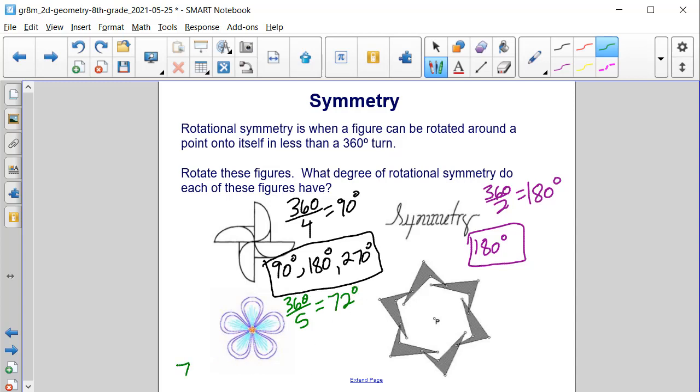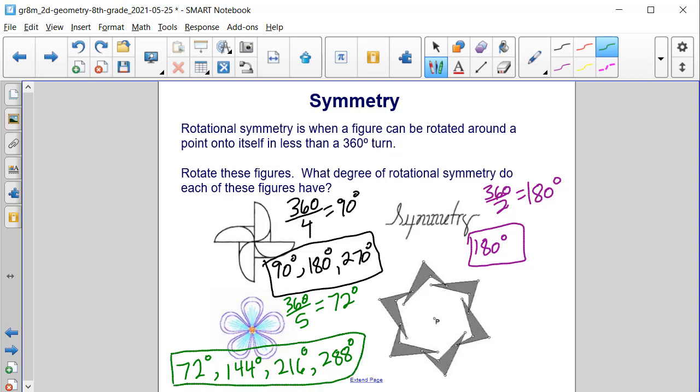So every 72 degrees, that'll happen at 72, 144 degrees, 216 degrees, and 288 degrees. If you add 72 more onto 288, you will be back at 360. So the 360 doesn't count, so it's just these 4.